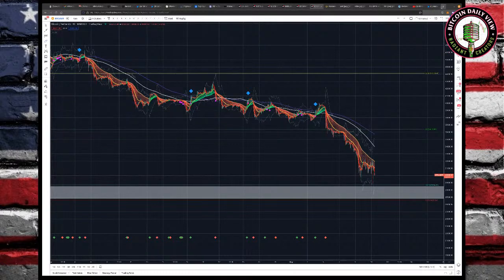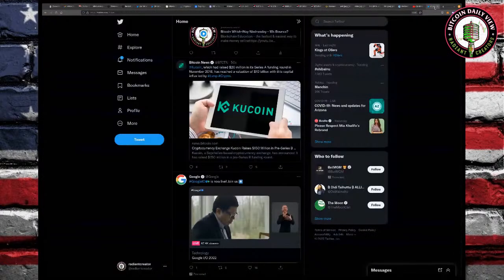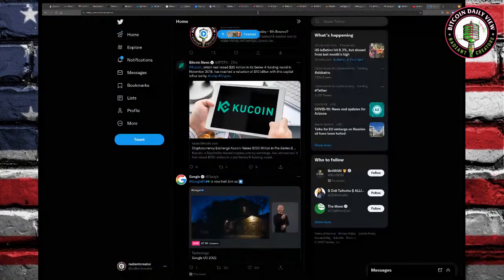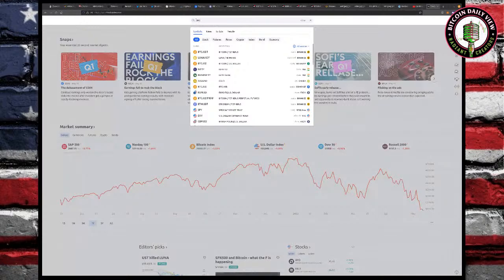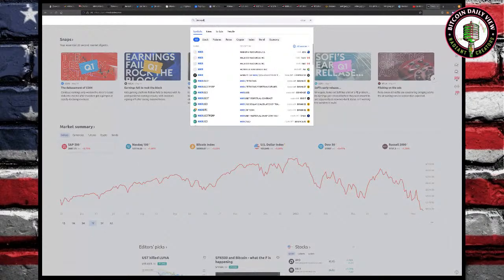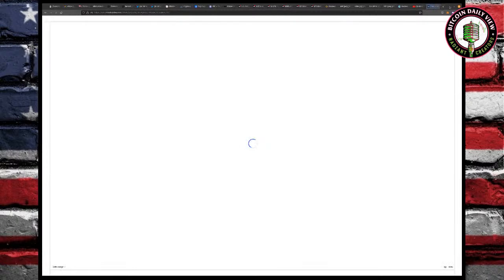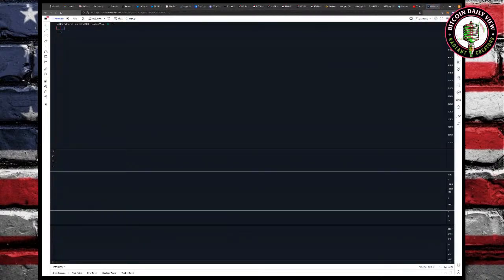We wanted to look at something else and look at TradingView here. So that was MKR Maker USDT. I think that thing was rocking, wasn't it? Yeah, look at Maker.